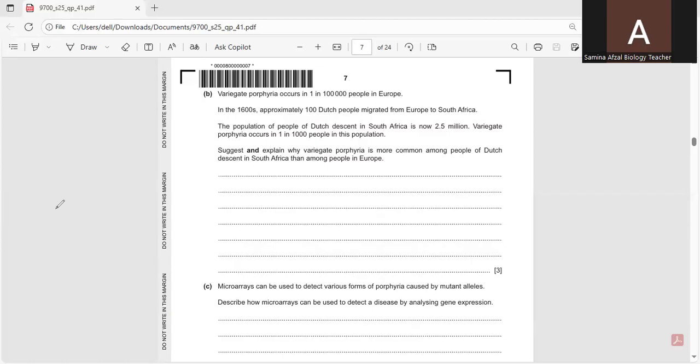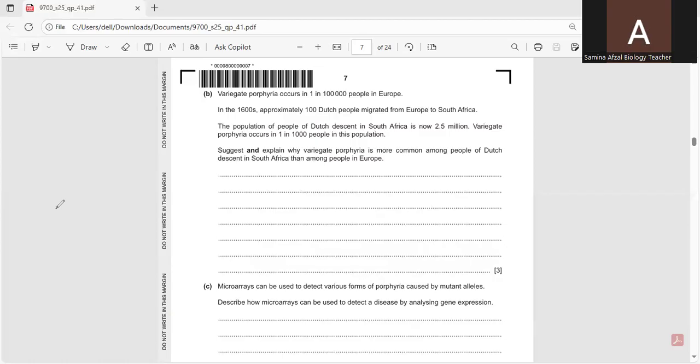First of all, I would like to discuss what happens over here. According to me, it shows the pattern of the founder effect.